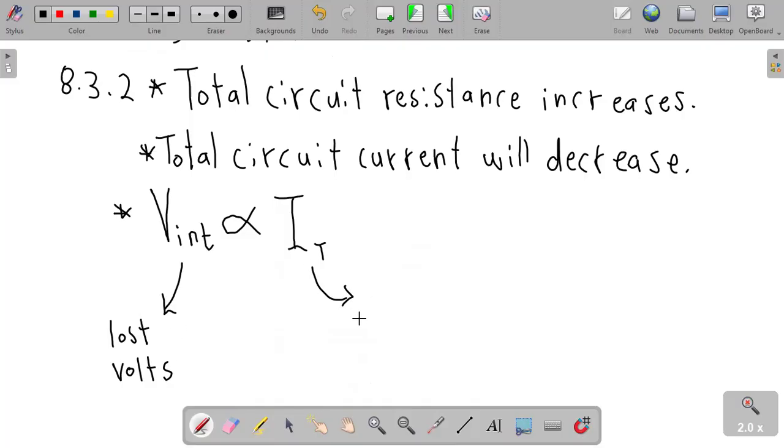And this is the total circuit current. This is the reason why it will decrease. The current will be reduced by an increased circuit resistance. Okay. So that was it for this question.